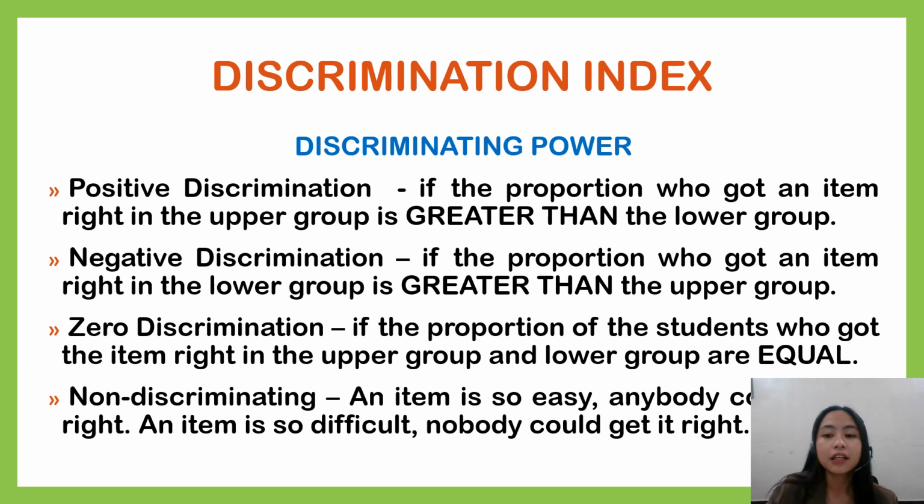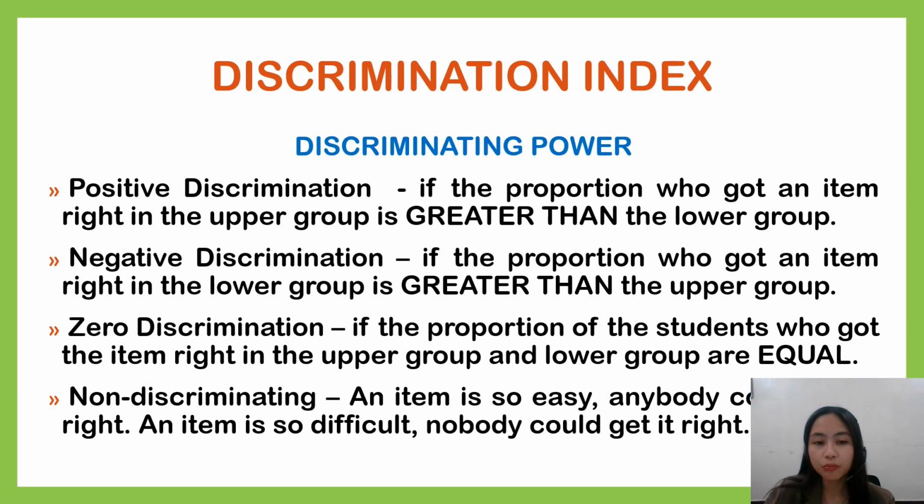So kaya nga, 'di ba? Diniscuss ko sa inyo nung last na topic na dapat yung item is nasa moderately difficult lang. Na tamang mabigyan ng chance ang sa upper and sa lower group to answer the question correctly. Huwag masyadong easy na lahat makatama. No? So wala na siyang discriminating power.